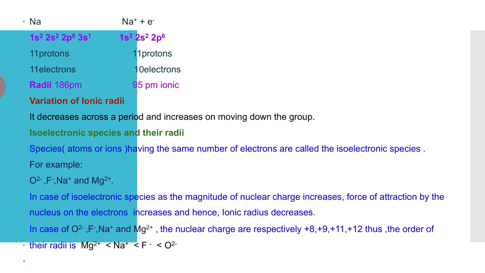In case of oxide ion, fluoride ion, sodium ion and magnesium ion, the nuclear charges are respectively +8, +9, +11 and +12.